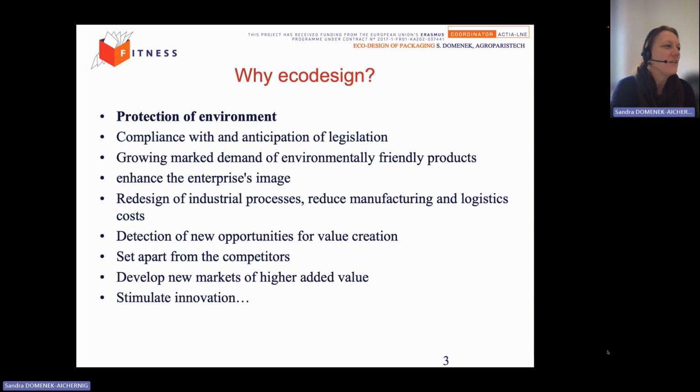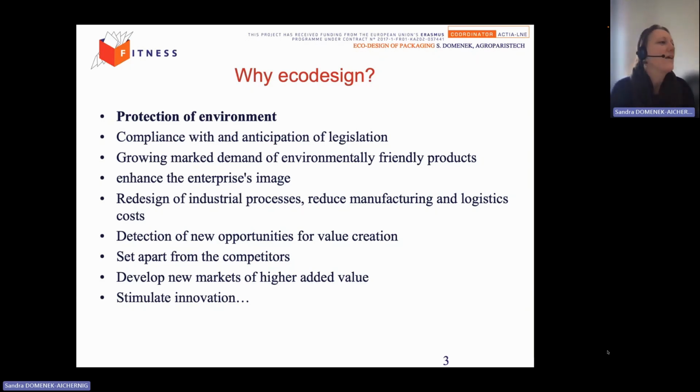But sometimes I think it is better that all of us remind ourselves that this is the ultimate goal, and all this discussion we might have should bring us one step further to this ultimate goal, which is the protection of the environment.